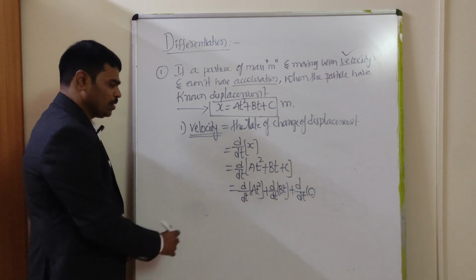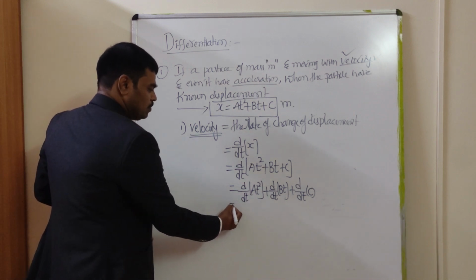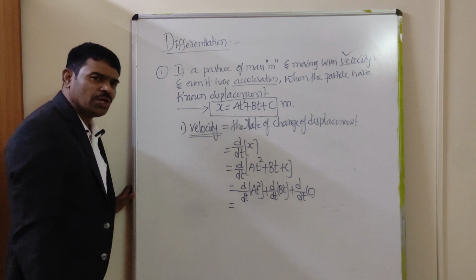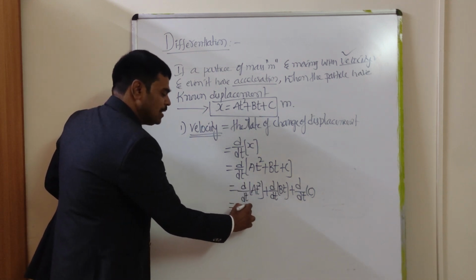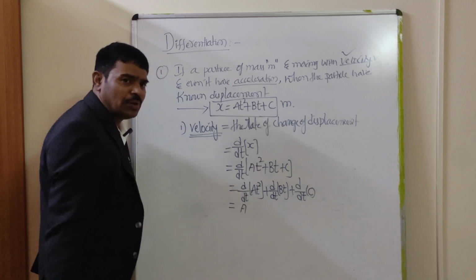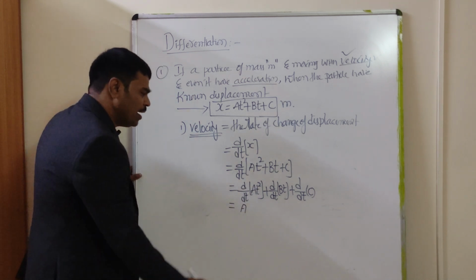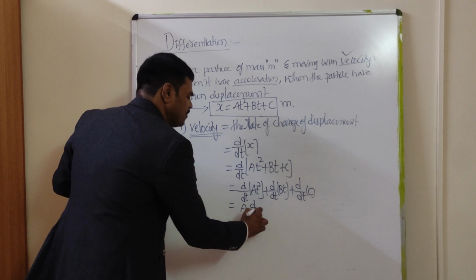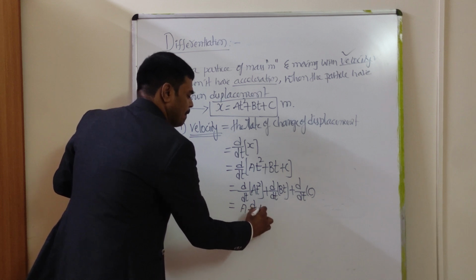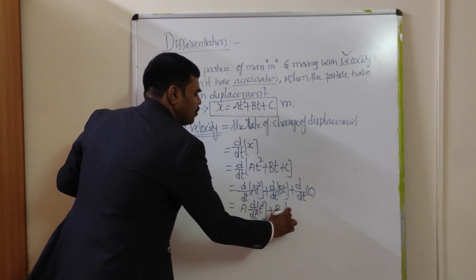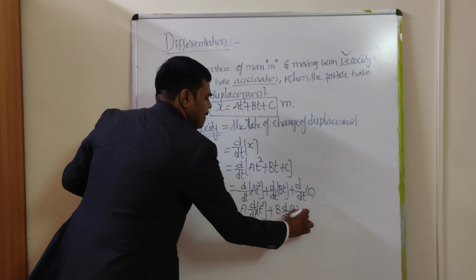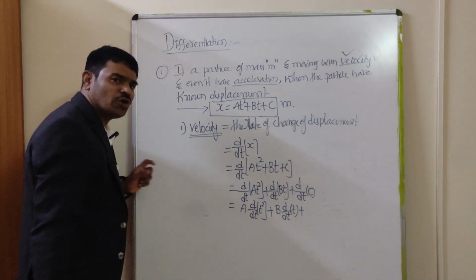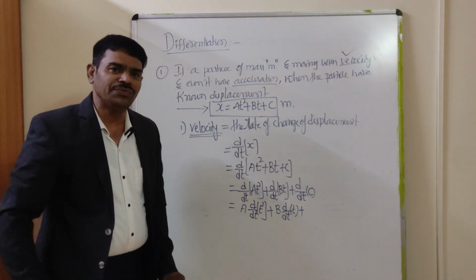Now, for the derivative of at square, a you can take outside because it is a constant with variable t. So a times d by dt of t square, plus b into d by dt of t, plus the derivative of a constant, which is always 0.